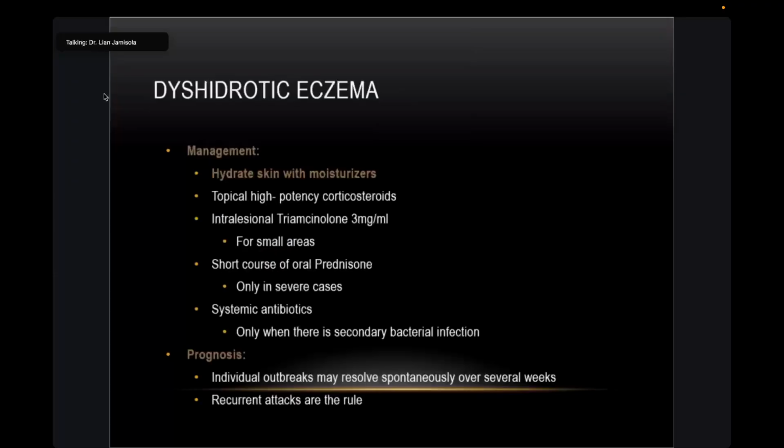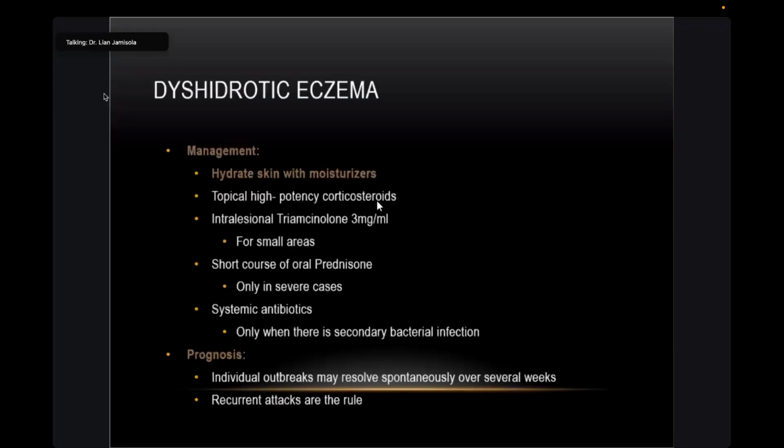Okay, so our management, hydration. Basically for all the eczemas, our management is to hydrate the skin with moisturizers. And we give corticosteroids. The potency of the corticosteroids would depend on the location of the skin and the type of the lesion, whether it's acute, whether it's wet or dry.